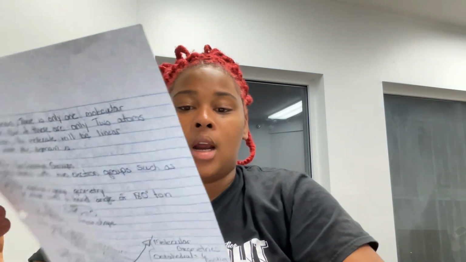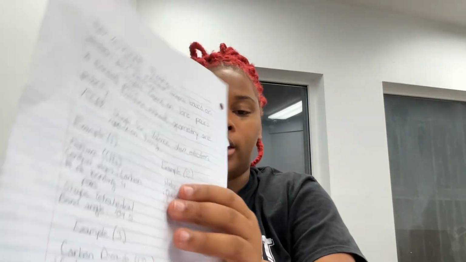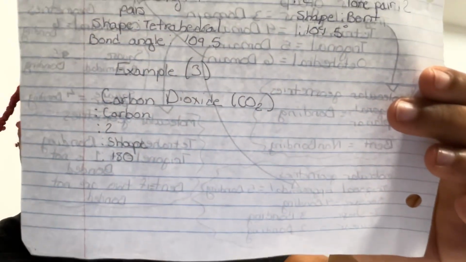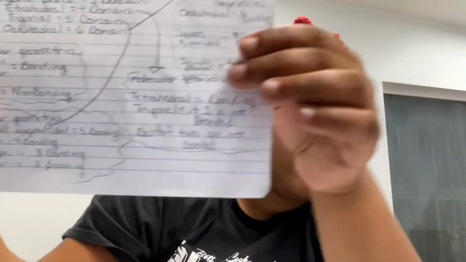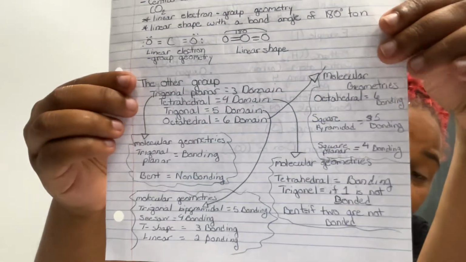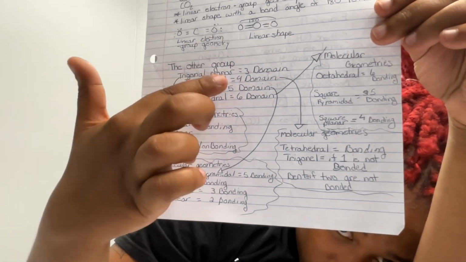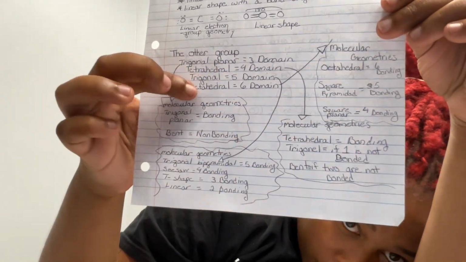Now here are three elements with different bonds, shapes, and angles that are a part of the VSEPR theory. And like I said, right here, the VSEPR has different bonds and different theories too. These are the different theories.